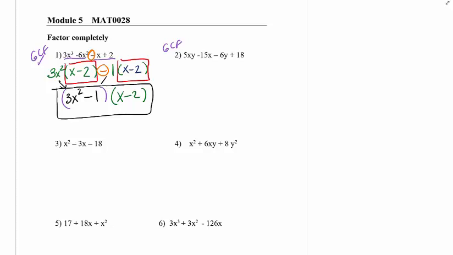So looking at number 2, first thing, look across, there's no GCF. So we're going to underline our pairs. Out of the first pair, I can pull out a 5x. I'm going to be left with a y minus 3. Always bring your sign down. Out of this second pair, I can pull out a 6.